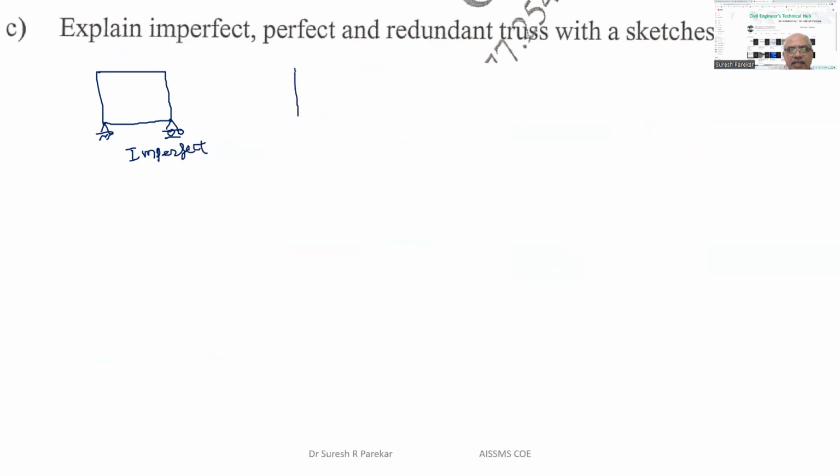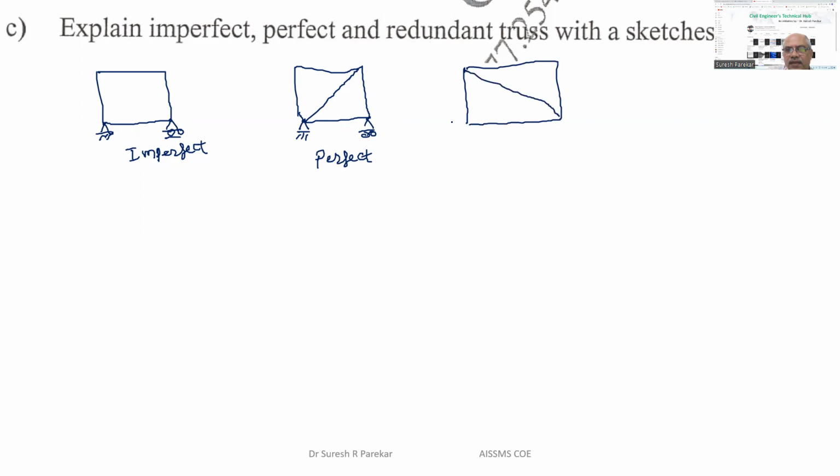If M is equal to 2j minus 3, here we have 5 members, so this is perfect. And when we have M greater than 2j minus 3, then we have this as redundant.